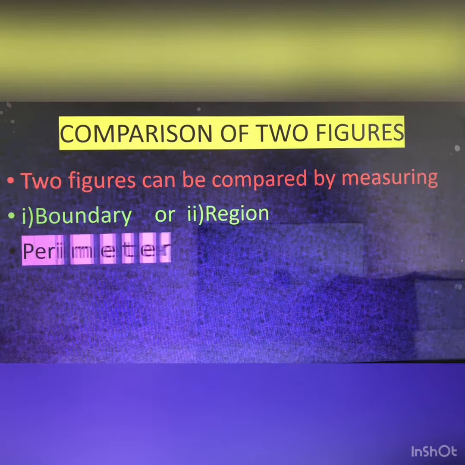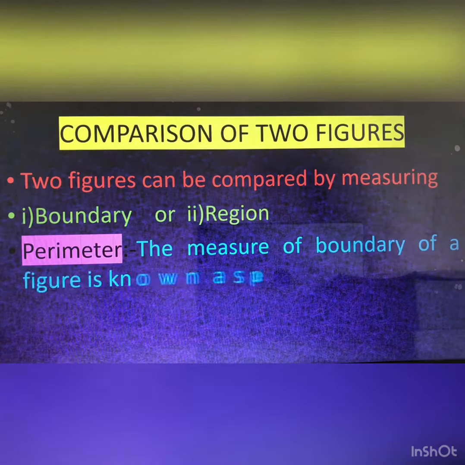What is the definition of perimeter? The measure of the boundary of a figure is known as perimeter, or the total length of the boundary of any geometrical shape is known as the perimeter of that geometrical shape.